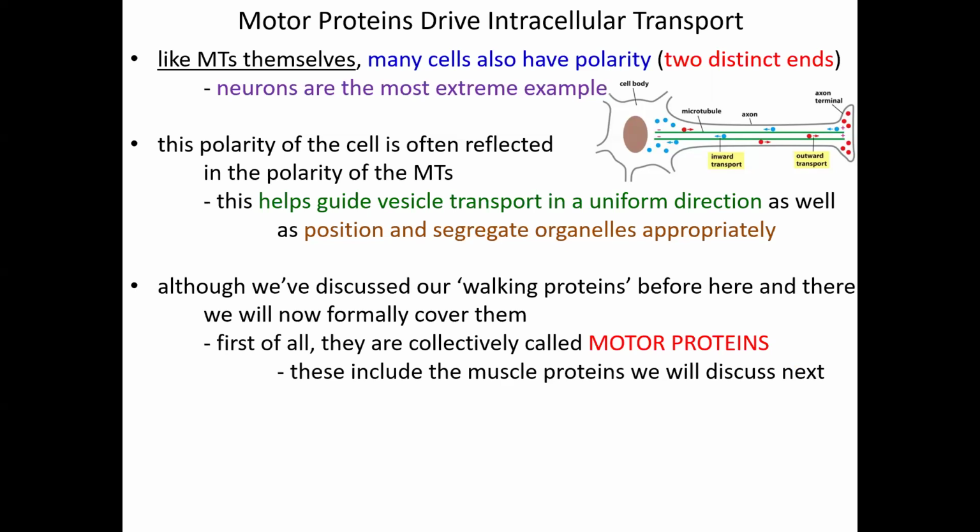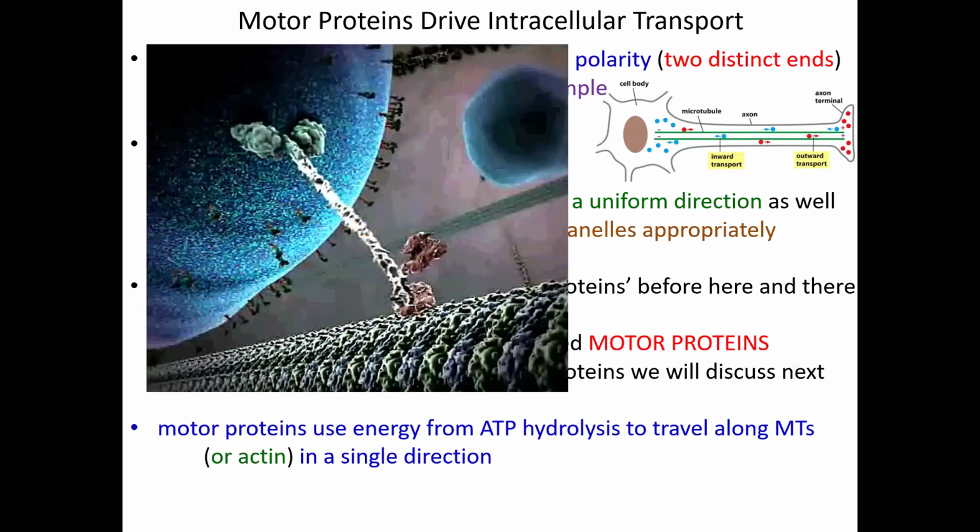And so we'll talk about them in the next video. Motor proteins use the energy released from triphosphate hydrolysis, usually ATP, sometimes GTP, to travel along microtubules in today's case, or actin in the next video, and to do so in a single direction because they're following the polarity of the fiber.